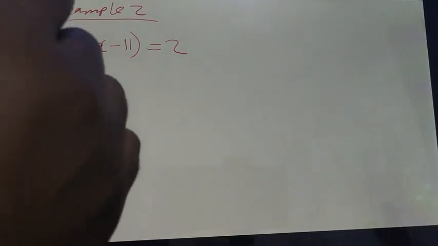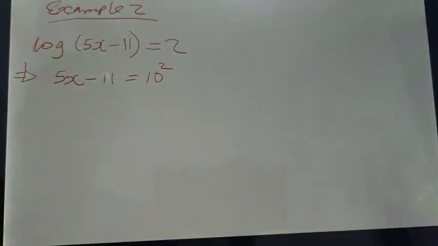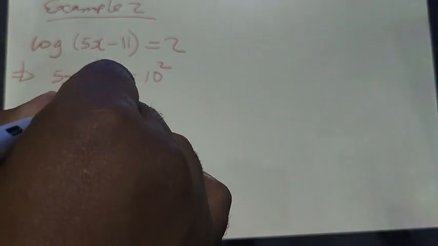Okay, so solving this one, well, it's already in a simplified form. We are just going to go to the second step, whereby we are going to change this one into an exponential equation. So it will be 5x minus 11 is equal to base to the power 2. So it will be 5x minus 11 is equal to 10 to the power 2, that's 100.